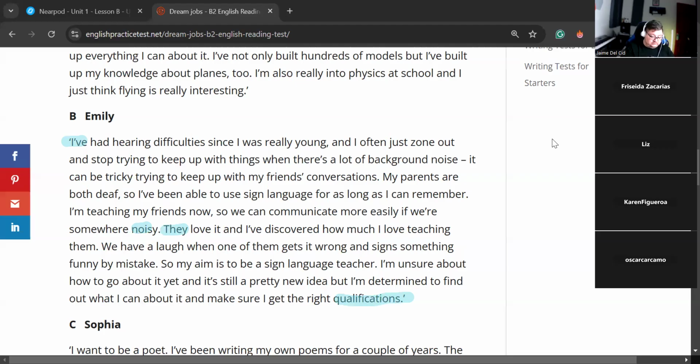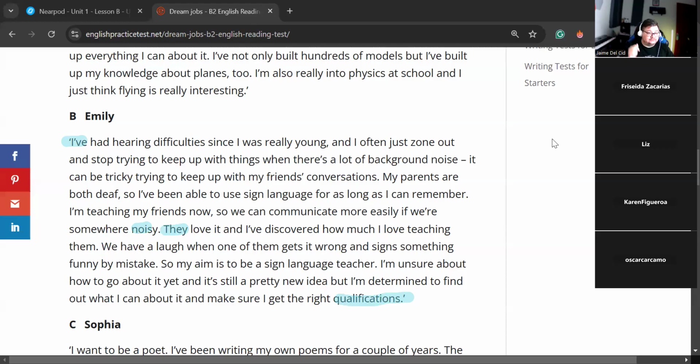They love it, and we discover how much I love teaching them. We have a laugh when one of them gets it wrong and signs something funny by mistake. My aim is to be a sign language teacher.